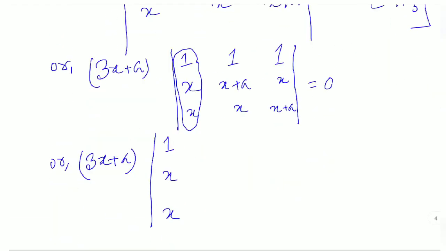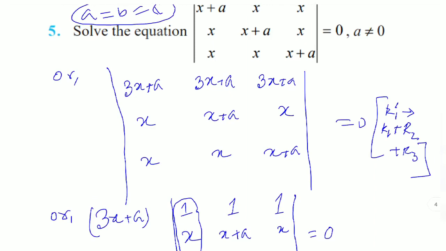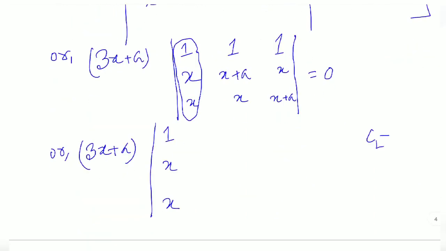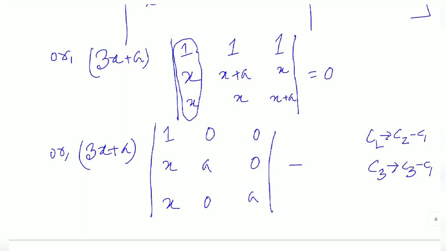Then what you need to do is subtract column number 2 from column number 1. Similarly, column number 3 from column number 1 again. So you will get 0, and over here a, 0 again, and here is 0, 0 and a, right?